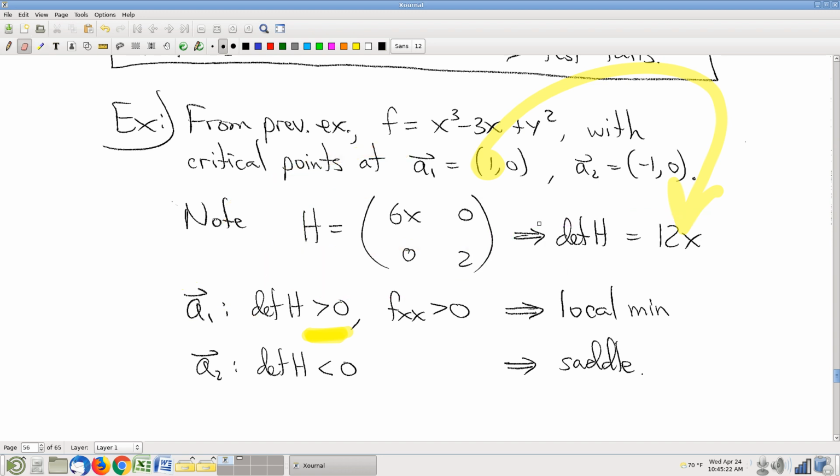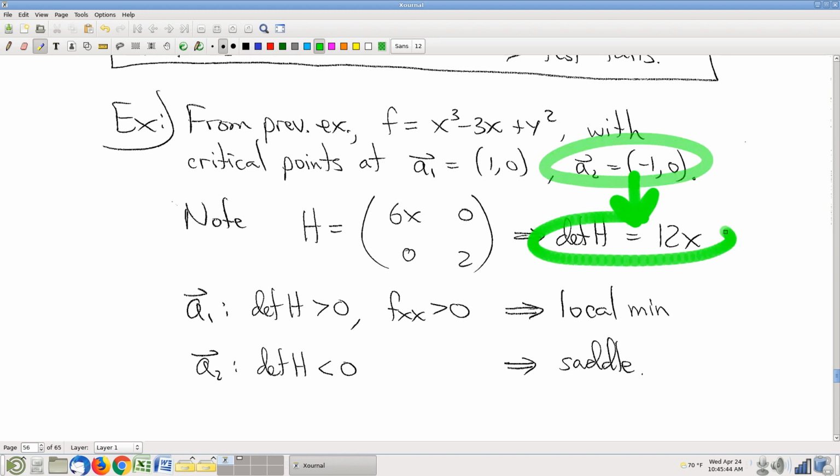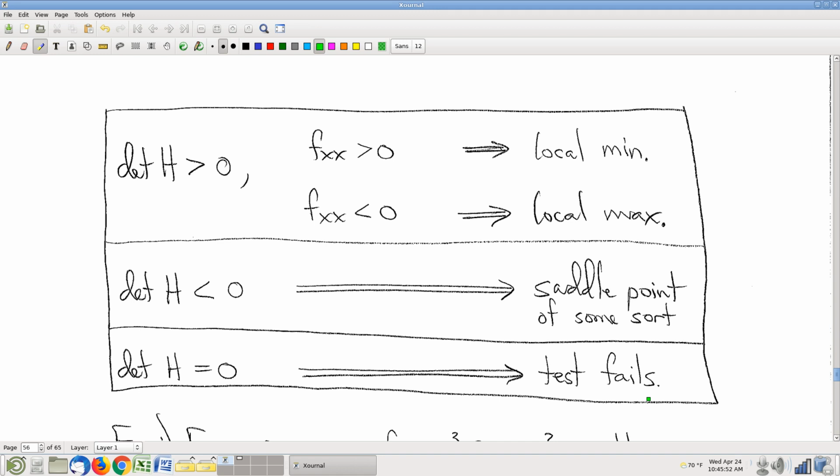Then you plug in and see, okay, at this point, what is this XX second partial? That's positive, so we have a local minimum. Okay. This second point, plug it in, your determinant's negative, end of story, saddle point. It's just straight plugging into this rule.